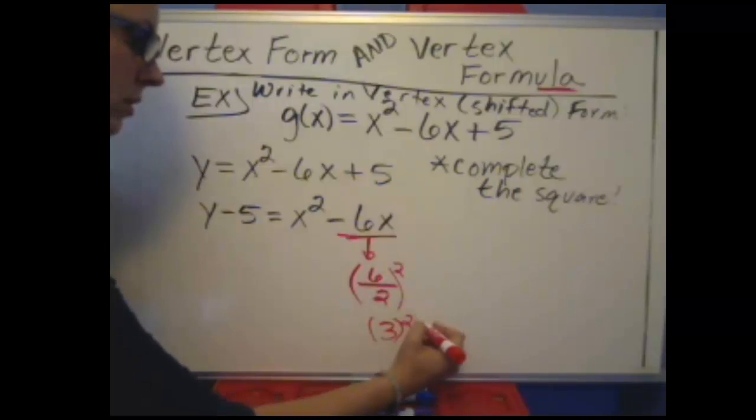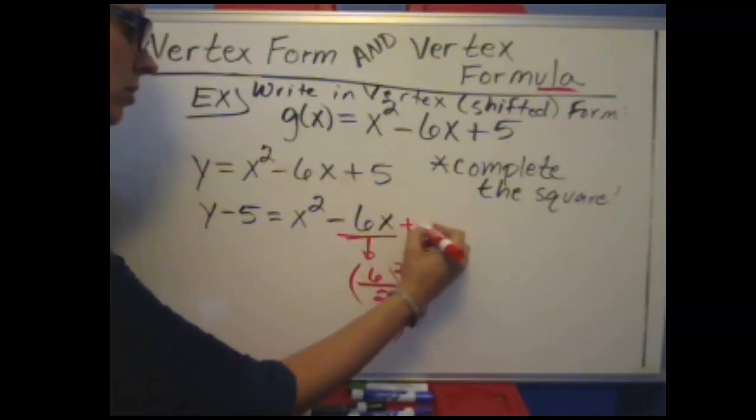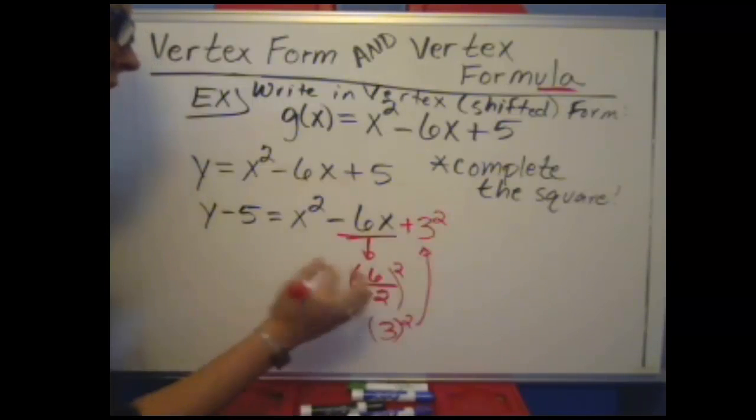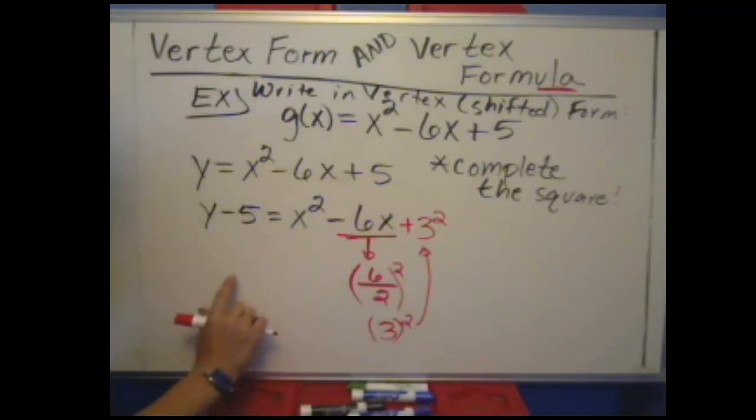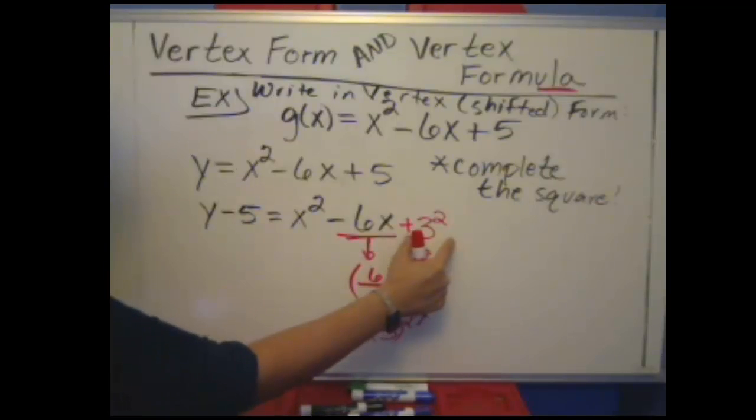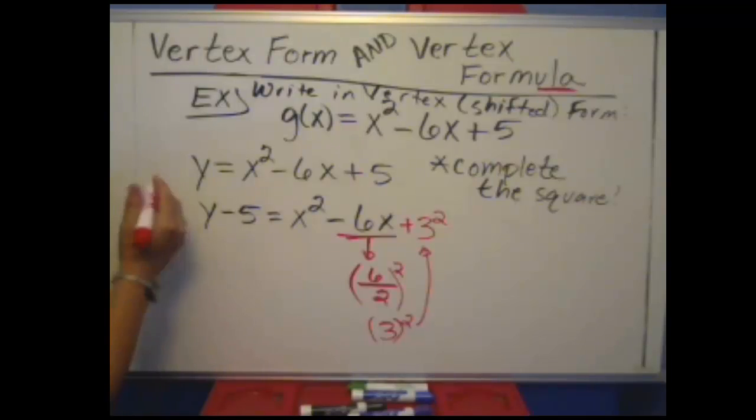I'm going to add this number here to give me a perfectly square trinomial on the right-hand side. And then, of course, if I add something to the right-hand side of my equation, I must also add it to the other side. So here I'm going to also add on the left 3 squared.